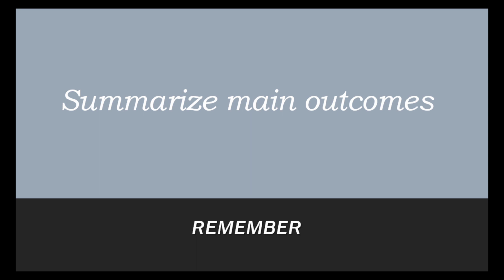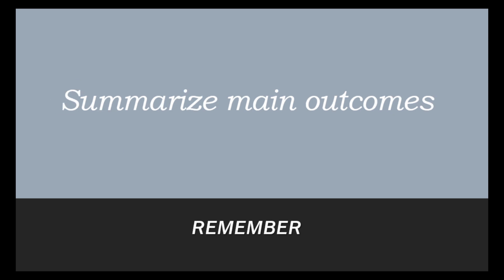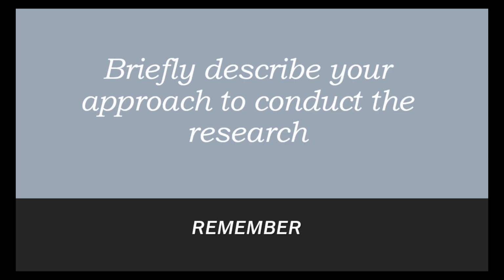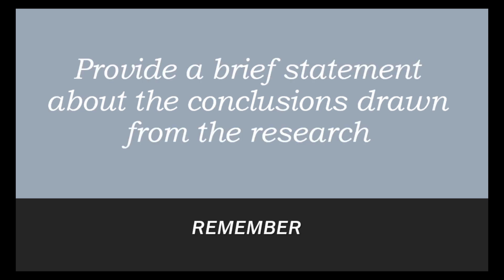And then lastly, provide a brief statement about the conclusions drawn from the research. So there are our steps. You want to clearly state why you are doing this, describe how you are going to do this, maybe one or two of the main outcomes, and then what conclusions you're going to be drawing from this research.